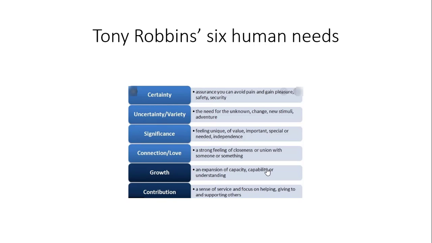But there are 6 human needs, and these are the 6 human needs, and all of the products or services are designed to meet people's human needs. Just remember this. All of the products and services in the world are designed to meet people's needs. For example, property, like a house. Why? People want safety and security, and that's why people buy property, and also people buy investment property as well.